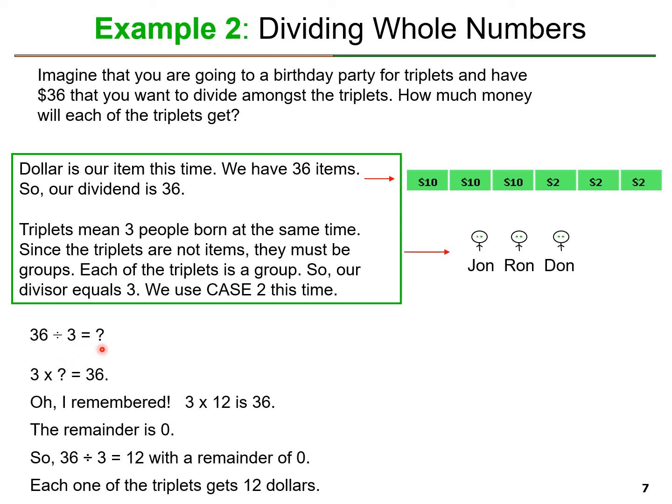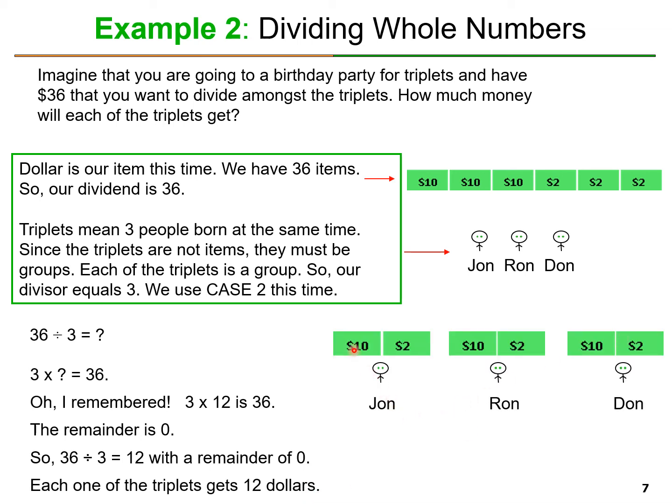Basically, what that means is 3 times what is equal to 36. Oh, I remembered. 3 times 12 is 36. The remainder is 0. So 36 divided by 3 is equal to 12 with a remainder of 0. Each one of the triplets gets $12.